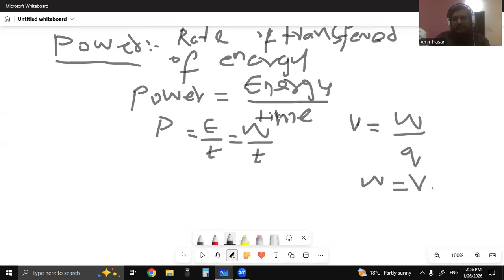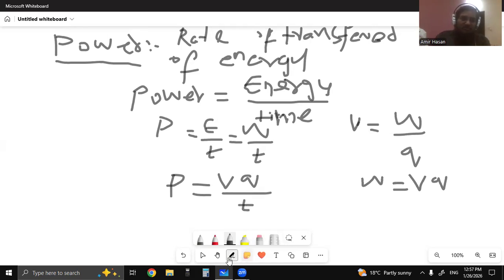Now we put this value of the work, potential into charge, in the power formula. We get V into Q upon T.